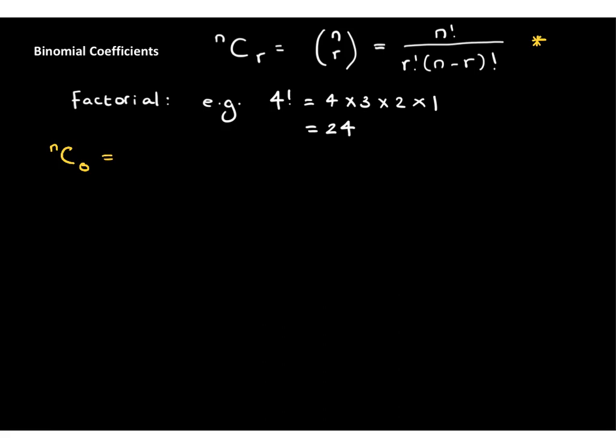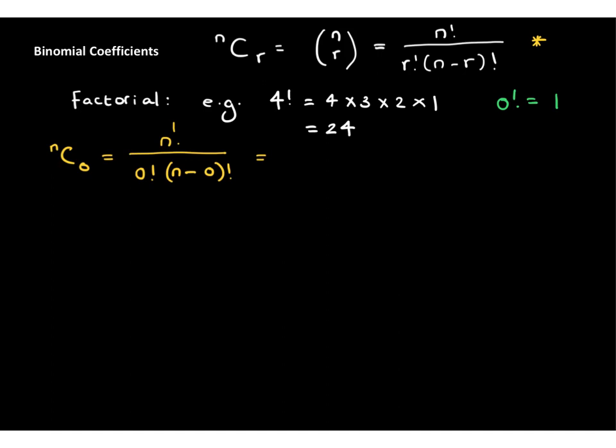So n choose 0 would be n factorial over 0 factorial. Now, n take away 0, all factorial. How does that simplify? Now, you may have covered last year, hopefully you covered last year, the fact that 0 factorial is defined to be equal to 1. And we'll need that fact as we work this out.